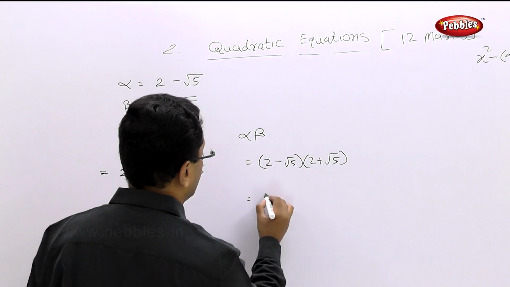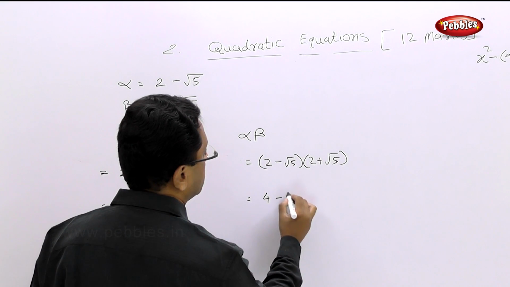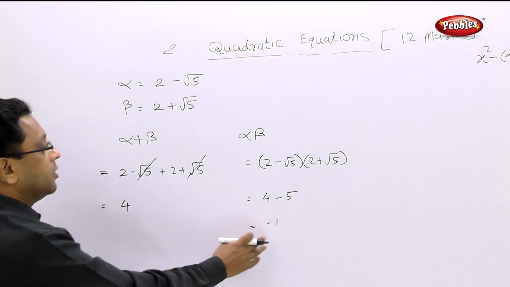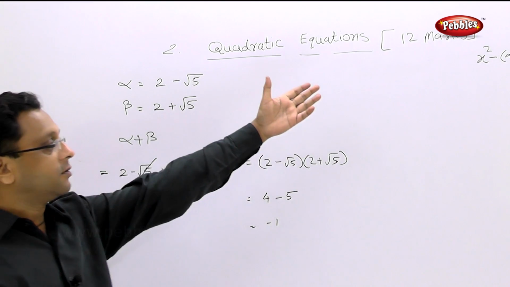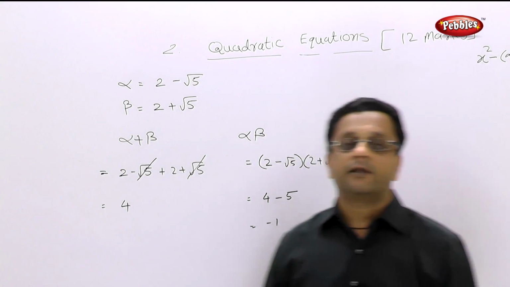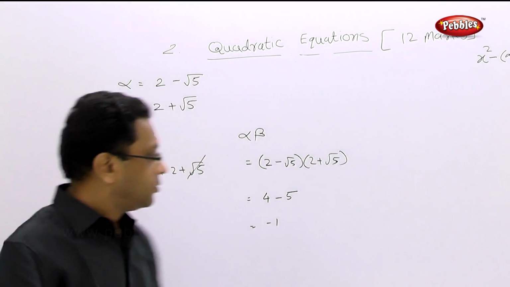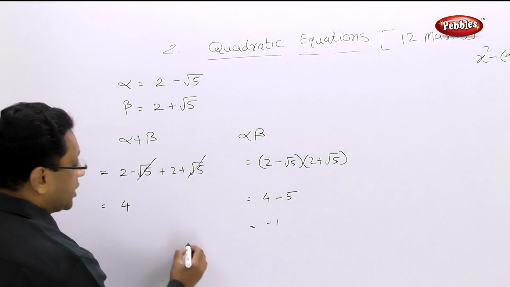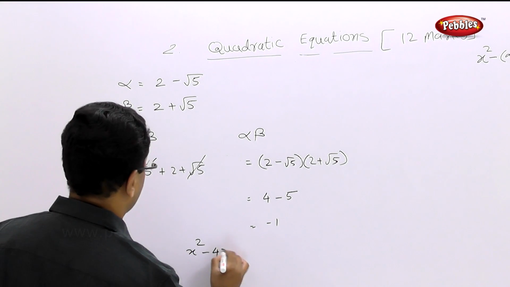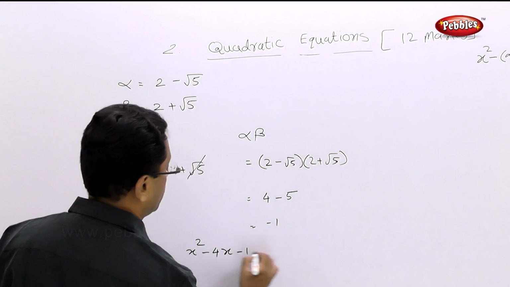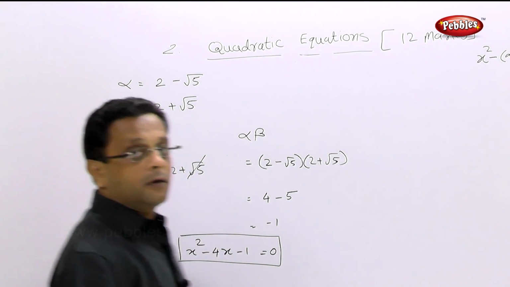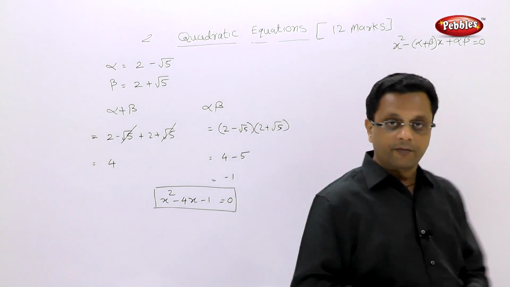So we have 4 minus 5, that is minus 1. Now you have alpha plus beta, you have alpha beta. Here is the format, that is x square minus (alpha plus beta) x plus alpha beta. So the required quadratic equation is x square minus 4x minus 1 equal to 0. This is your answer. This is very simple.